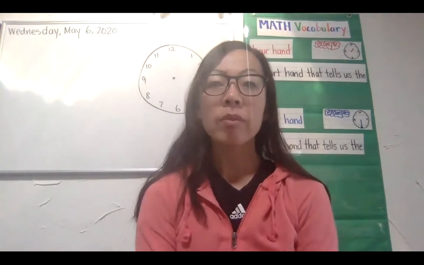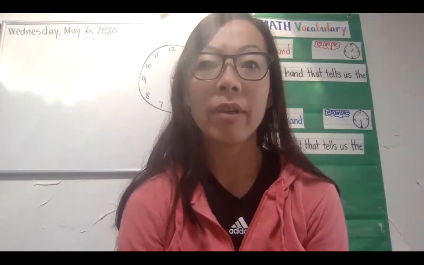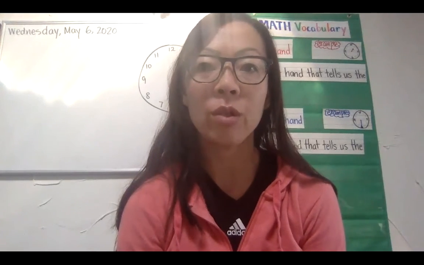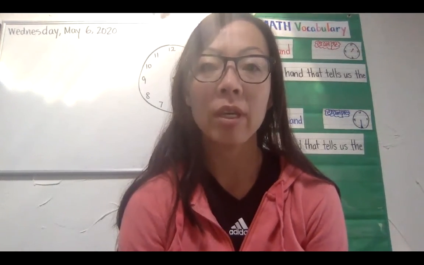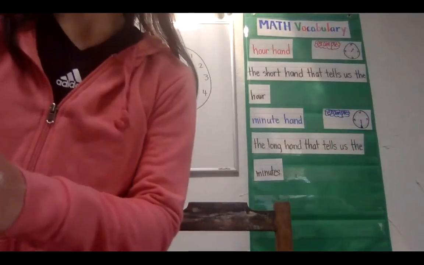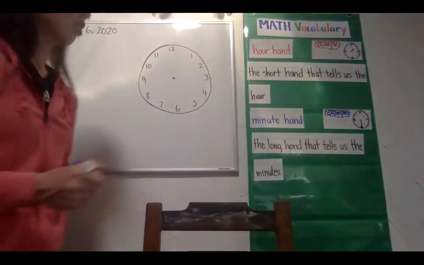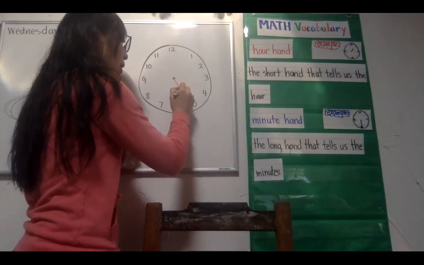Now, yesterday we took some time to think about how when we have an hour hand that's in between 2 numbers, we know that it's the number that came first. So let's take a look at what that's going to look like today. I'm going to put a time on this clock so we can see. I'm going to use my red hour hand and I'm going to point it right here.